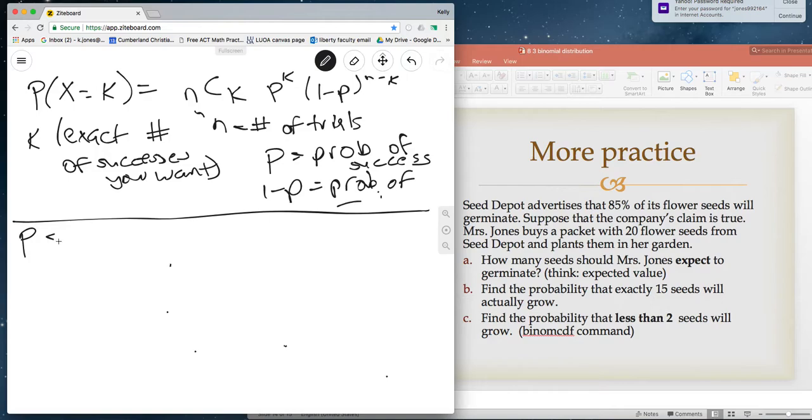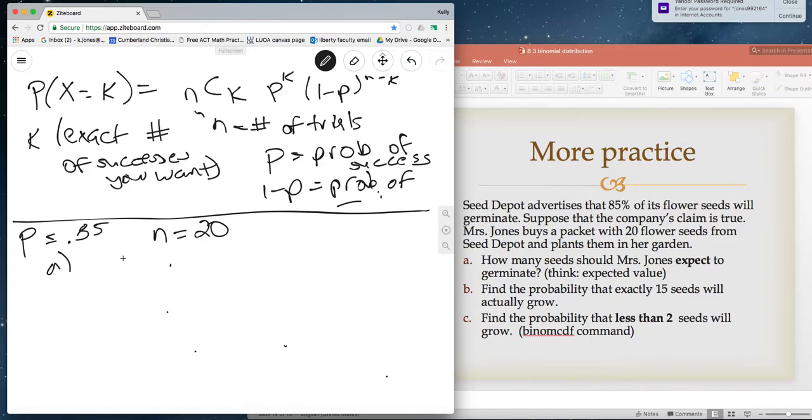It's telling us that 85% of our seeds germinate. So the probability of success is 0.85. Miss Jones buys a packet with 20 seeds in it. That is my N. Part 1, what is the expected value?